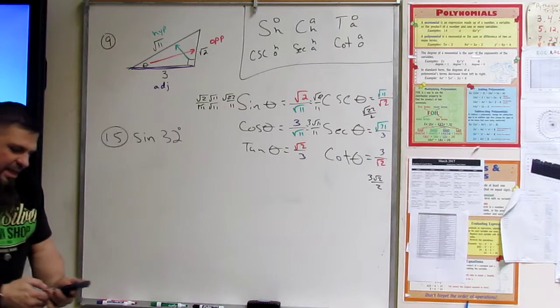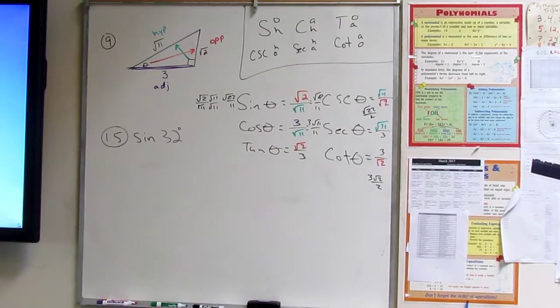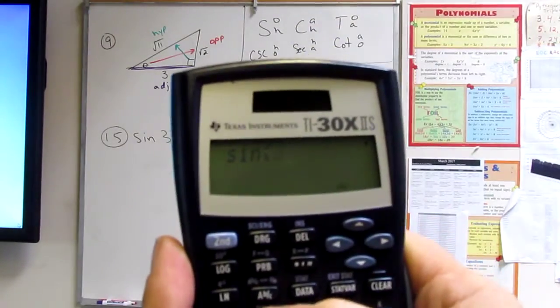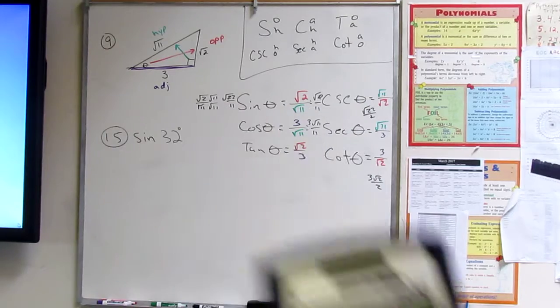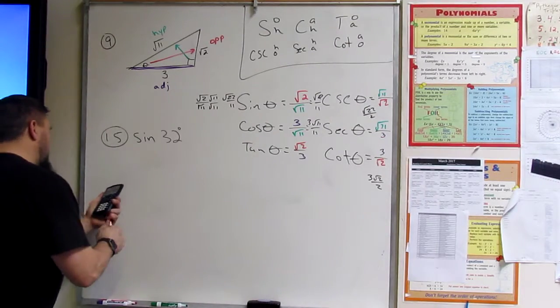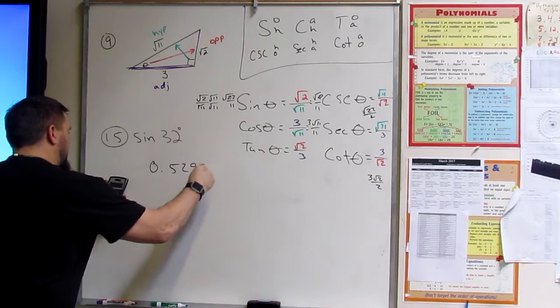Next is finding the sine of 32 degrees. Here's how you do it. Sine, and then 32. Hit equals. Wow, that was hard. Okay, so 0.5299.